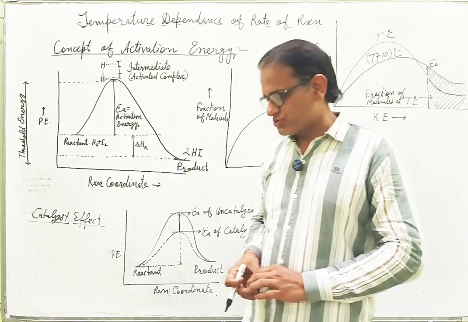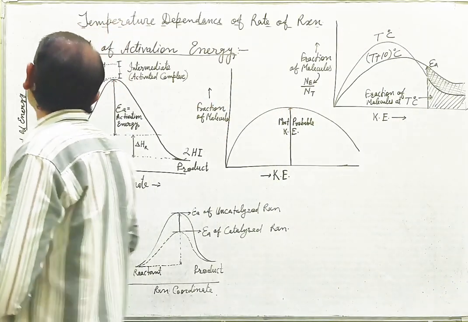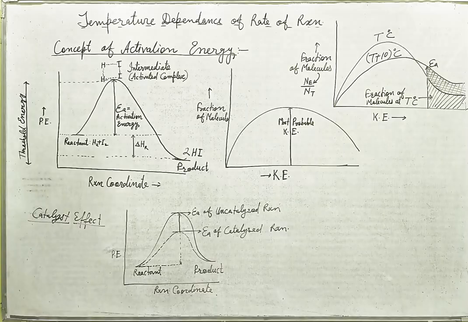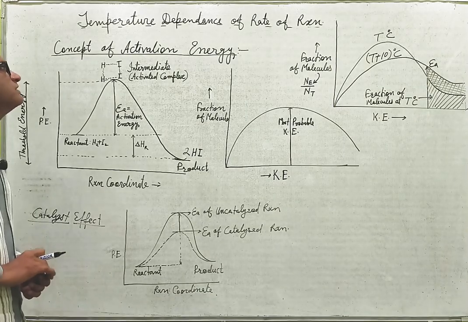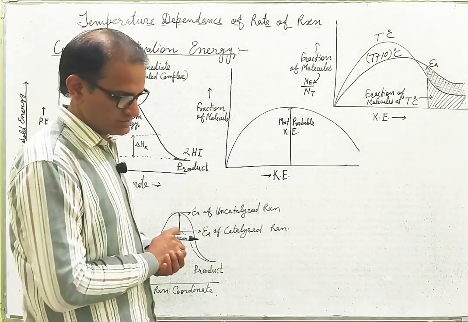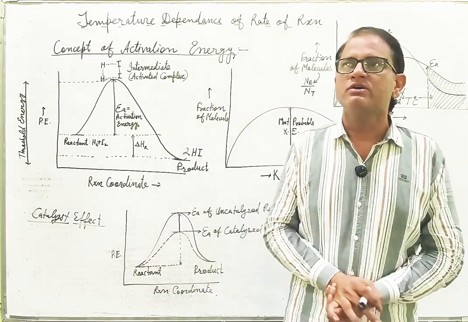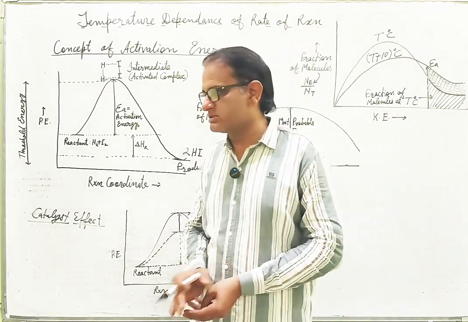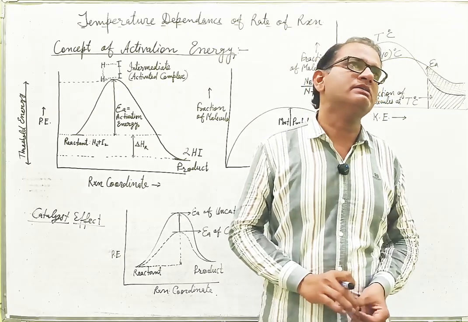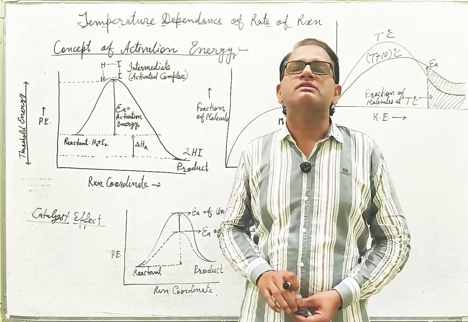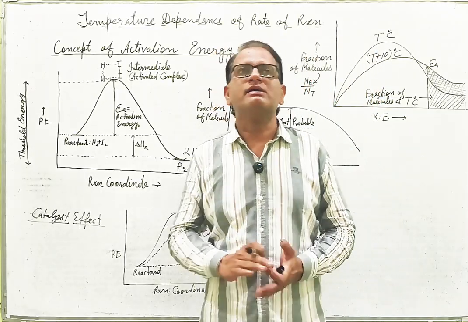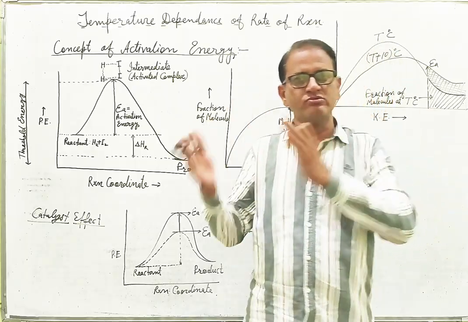If we take the concept of activation energy, then first of all we should know what activation energy is. Whenever a chemical reaction takes place, what are the conditions so that a reactant converts into product?